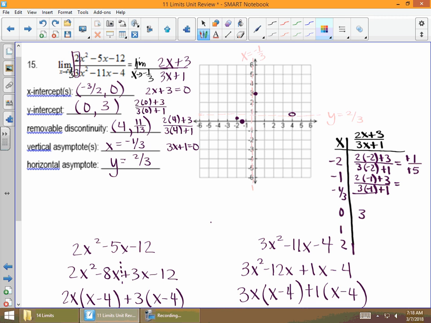Two times -1 is -2 plus 3 is 1. -3 times 1 is -3 plus 1 is -2. So at -1, my y value is -1/2. And that makes sense that that would be decreasing. And that gives us our nice curve, which gives us the limit from the left. Let's go ahead and call this one f of x. The limit as x approaches -1/3 from the left of f of x is -infinity.